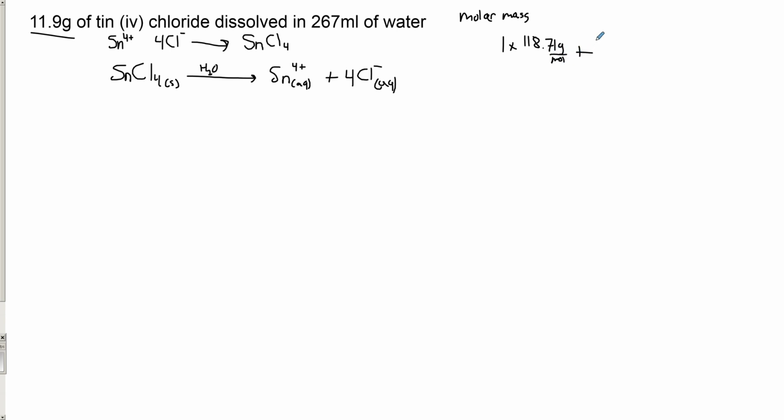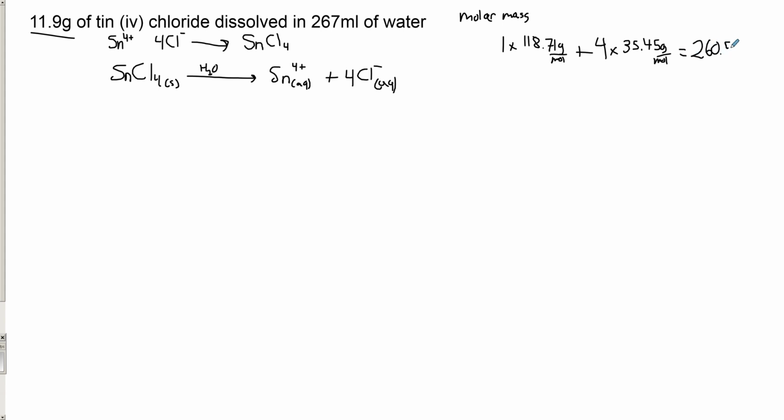So I'm going to do the little math on my calculator. 4 times 35.45 plus 118.71, and I get 260.51, and that is measured in grams per mole.